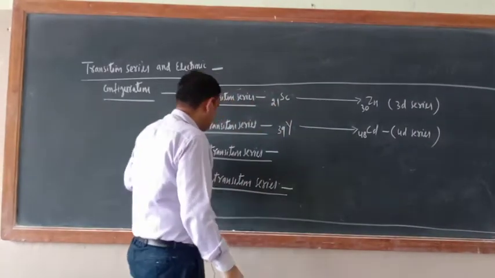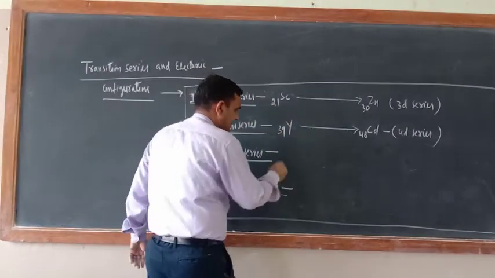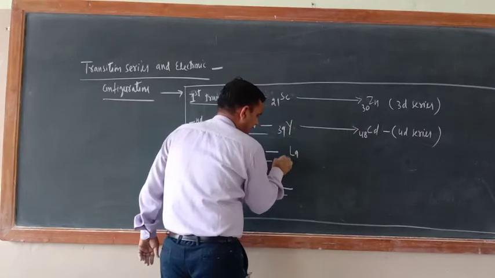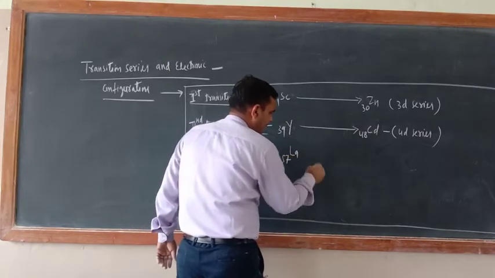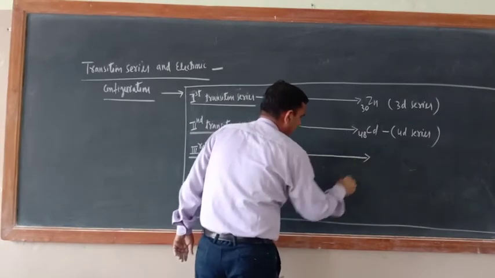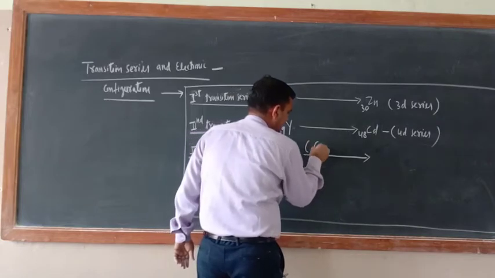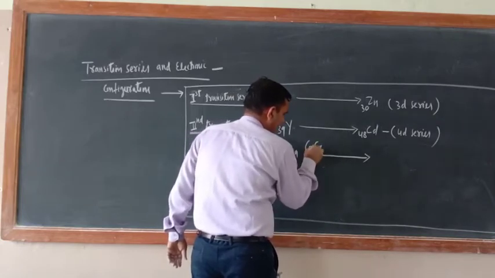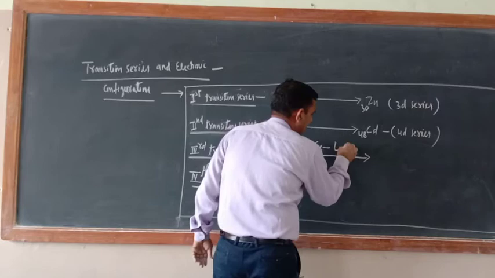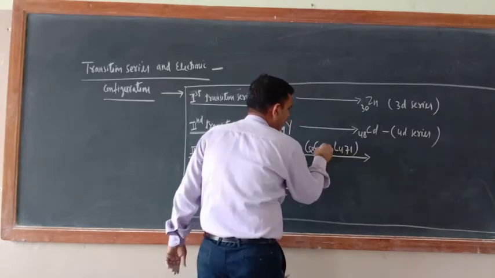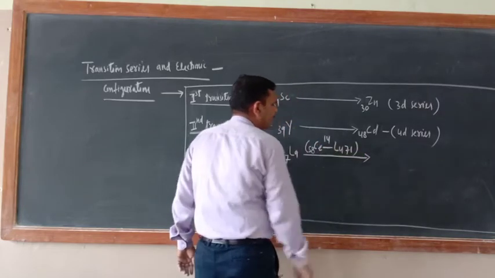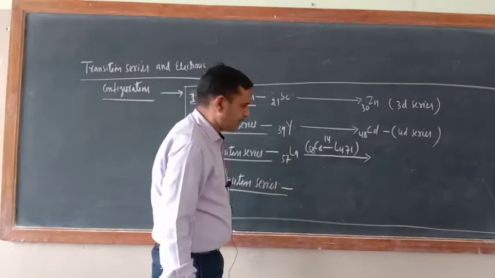Now the third transition series, just see, starts from lanthanum 57. Then there is a gap of 14 elements, Ce 58 to Lu 71. What is the total number of elements in the gap? 14 elements gap is there.